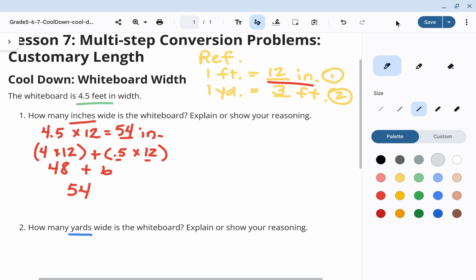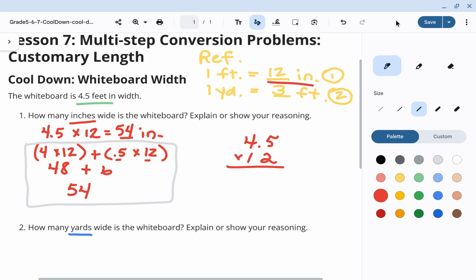Now, this is a great strategy if you see it, separating that 4.5 and multiplying the whole number 4 by 12 and the half by 12. That's one great strategy. Some of our students, as I look at our cooldown work, have taken 4.5 and multiplied it by 12 like this.